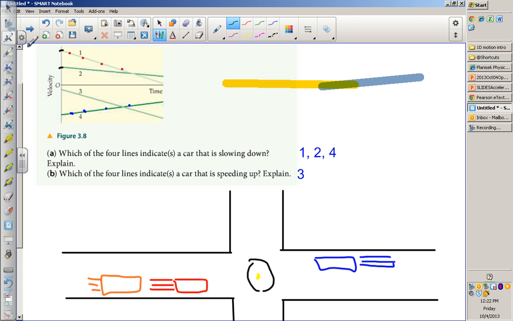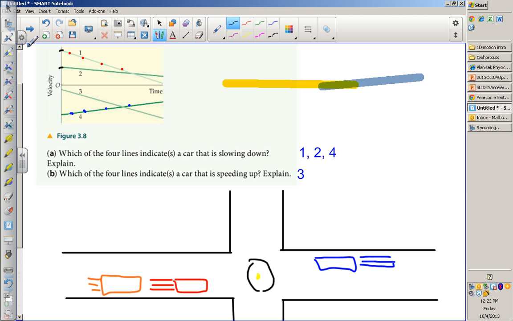If we went to calculate its acceleration, however, by calculating the slope of that line, even though there are no numbers on it, what sign would it come up with? That has a positive slope, number 4, right?